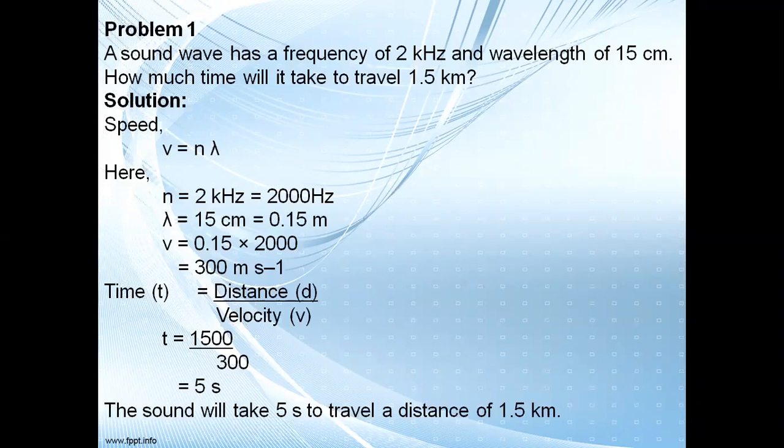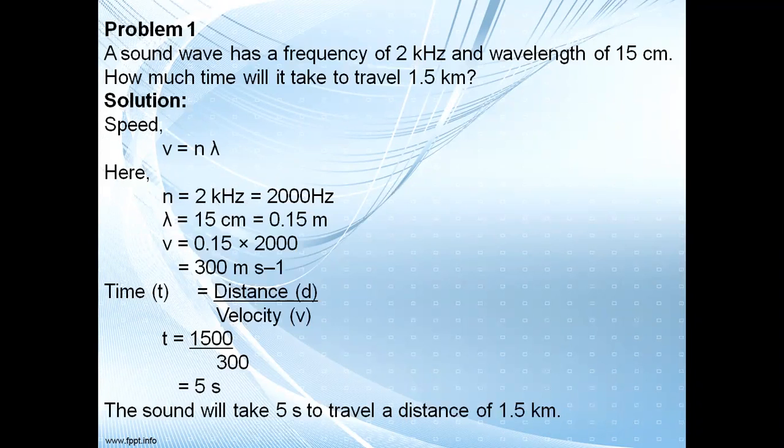The speed formula is v equals n lambda. What is given in the problem? n is 2 kHz, converted into Hz, 2000 Hz. Next, lambda is 15 centimeter, converted into meter, that is 0.15 meter.